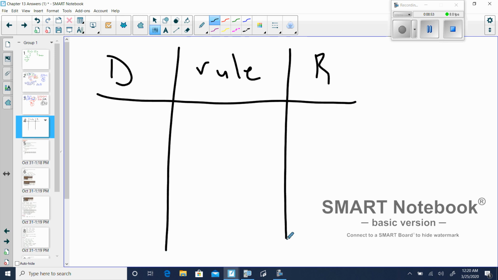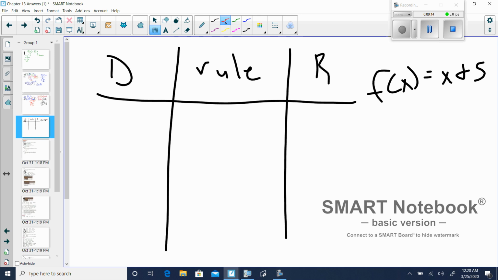Now in this case, they say choose 4 values to make a function table for f of x equals x plus 5. And those values we're choosing are x values. You don't want to go crazy with it. You don't want to be ridiculous and say like, 30 million or negative 17,000.